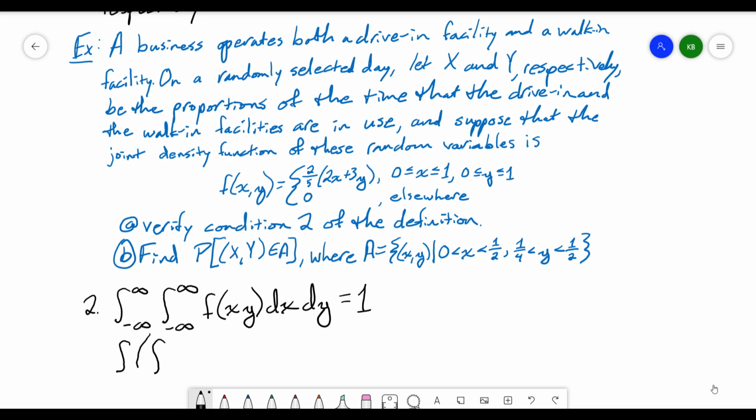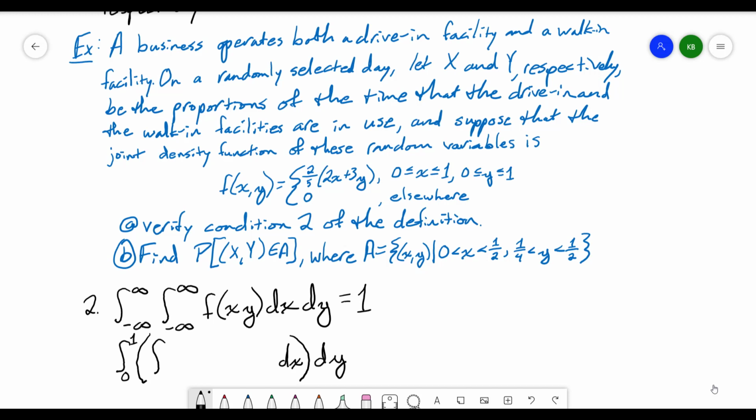Now remember, when we have a double integral, it's like there's parentheses around the inner integral. So I have a dy outside and a dx inside. So my bounds for integration, my outer integral is going to go with my y values. So y is going to go from 0 to 1.